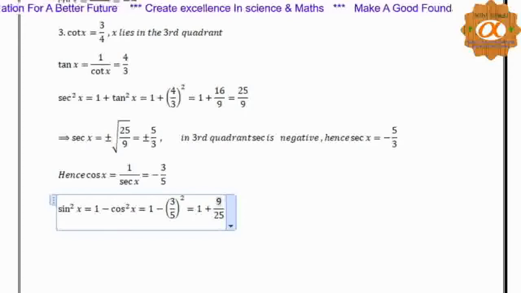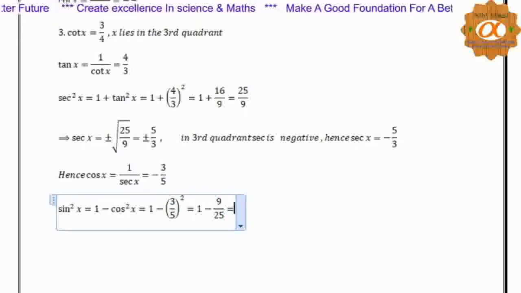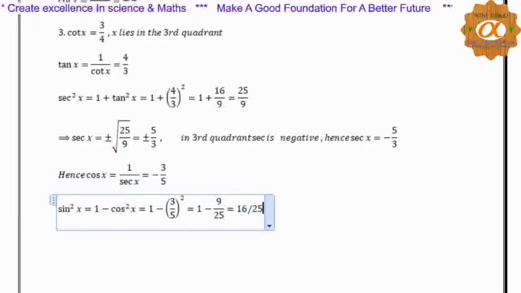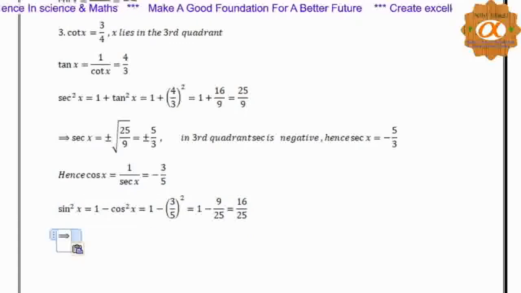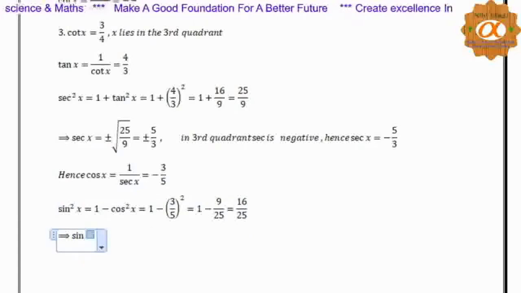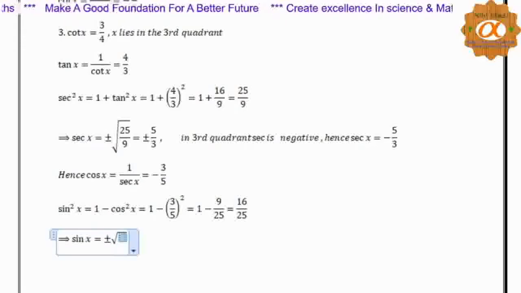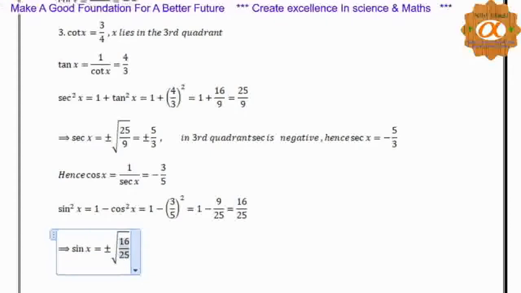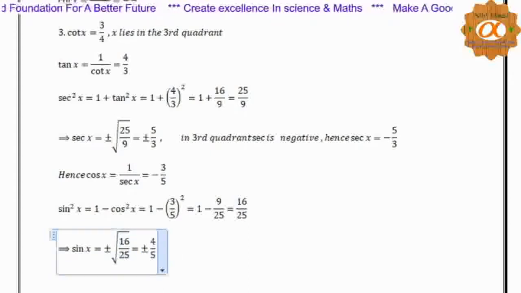Taking LCM, 25 minus 9 is equal to 16. It is 16 by 25. That implies sin x is equal to plus minus under root 16 by 25. That comes out to be plus minus 4 by 5.